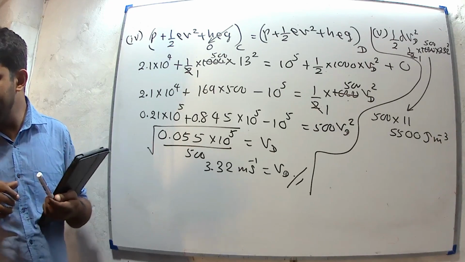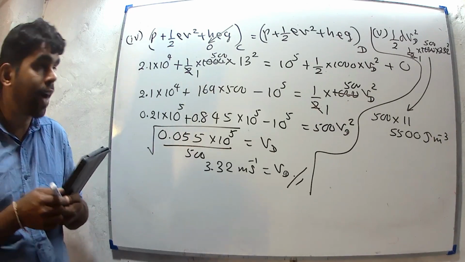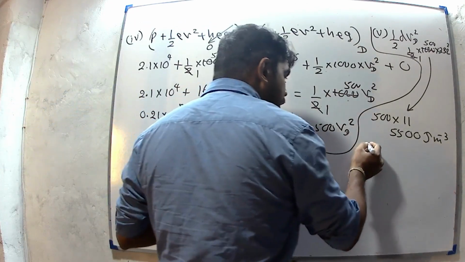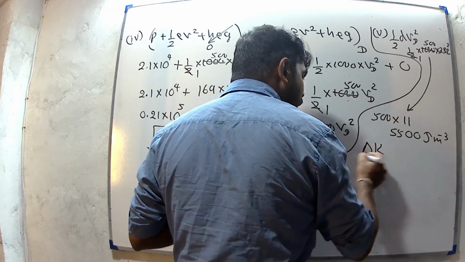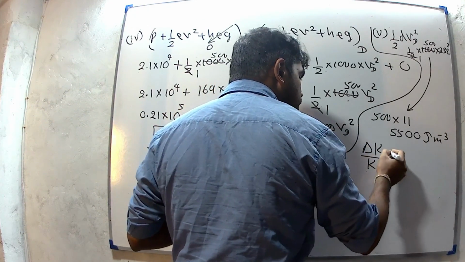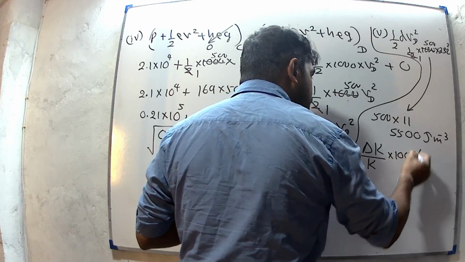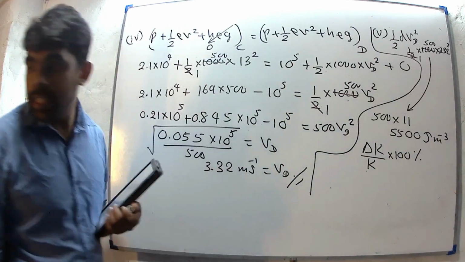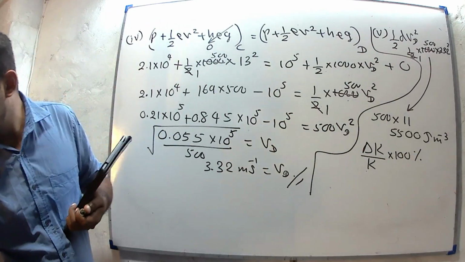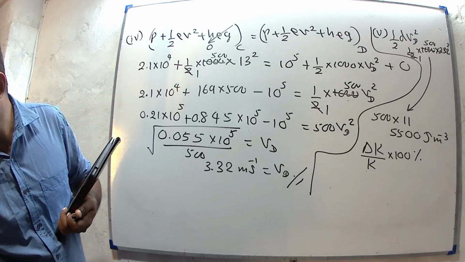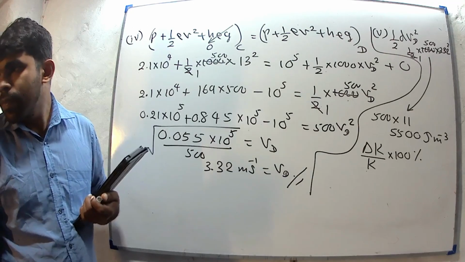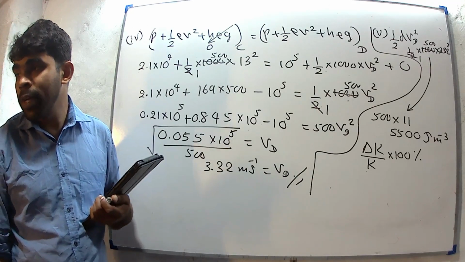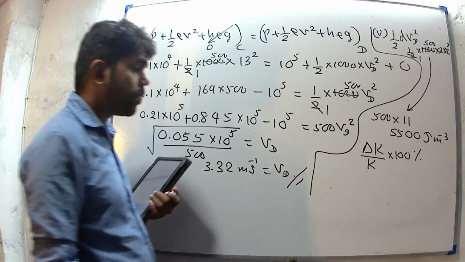Now we can find the percentage loss of kinetic energy. Kinetic energy loss divided by initial kinetic energy, multiplied by 100%. Kinetic energy calculated in part B3 is 1.28 into 10 to the power 5.